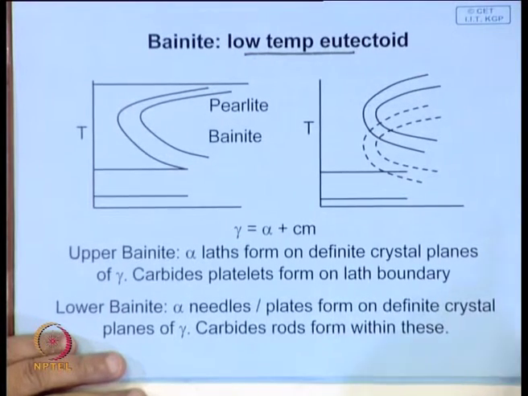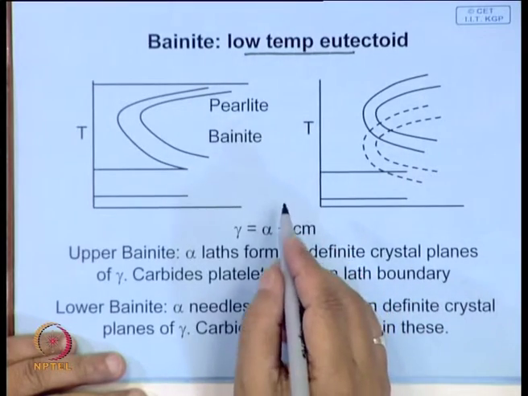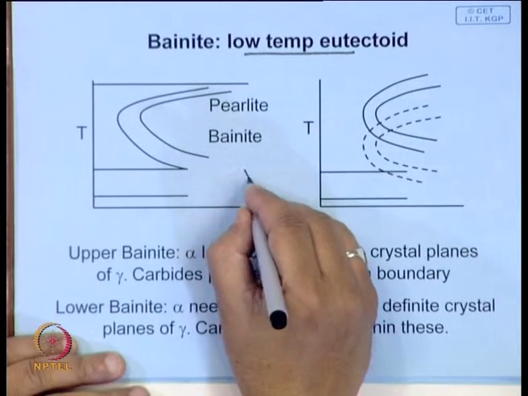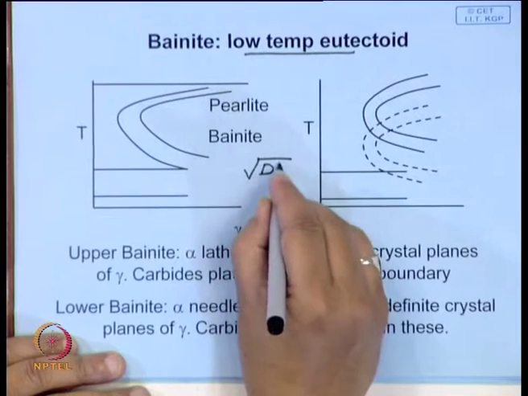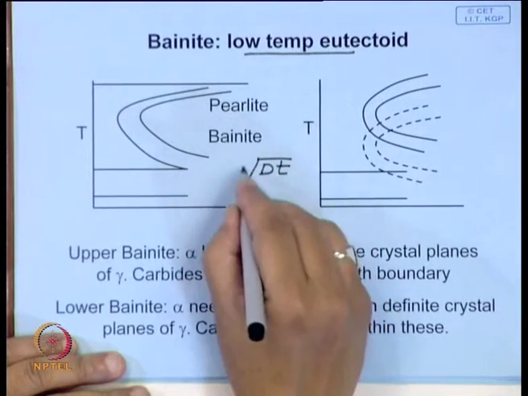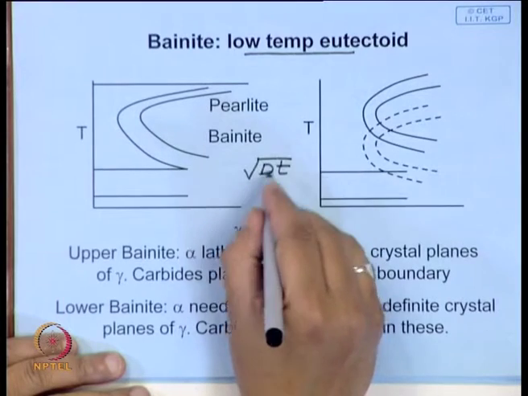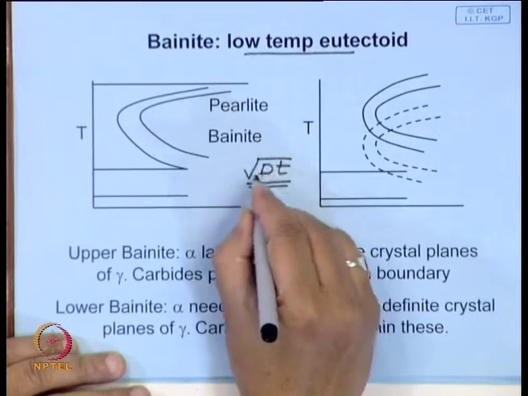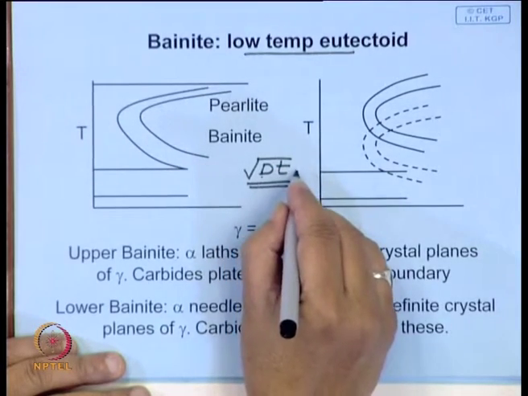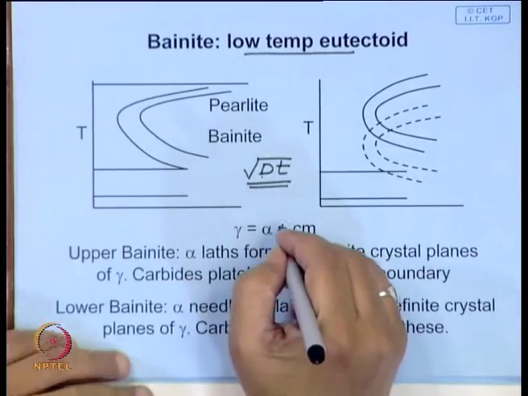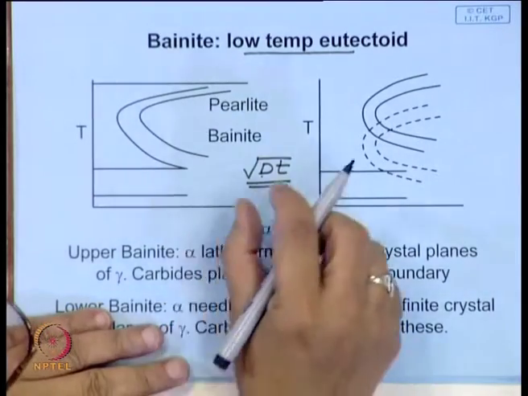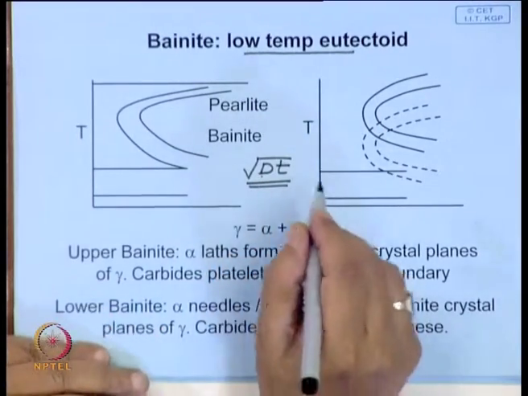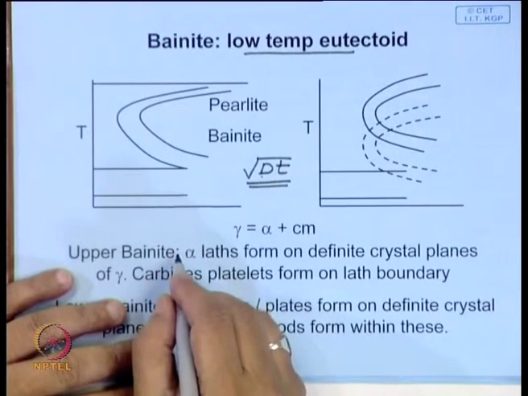Diffusivity of carbon in austenite is very low, and the diffusion distance, if you recall, is proportional to root over D t, where D is the diffusivity and t is time. If D becomes very low, this distance becomes small, so the distance the carbon can diffuse is shorter. Therefore, you get a much finer dispersion of carbide, so the type of product that you get is a little different.